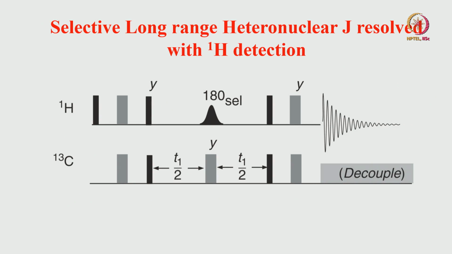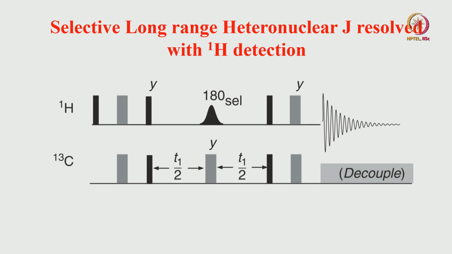That is the advantage of doing HSQC. What we did, we detected proton by transferring the magnetization from carbon to proton and back. Why can't we do that? If you do that, the same J coupling experiment can be designed with proton detection. Then your experiment becomes faster, sensitivity will go up.